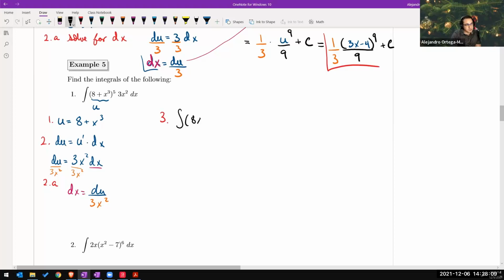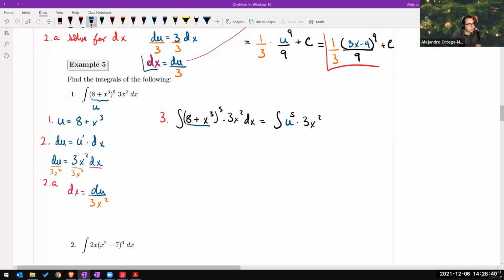Originally, it was (8 plus x cubed) raised to the 5th times 3x squared dx. Once we rewrite it, then we have the u to the 5th times 3x squared.